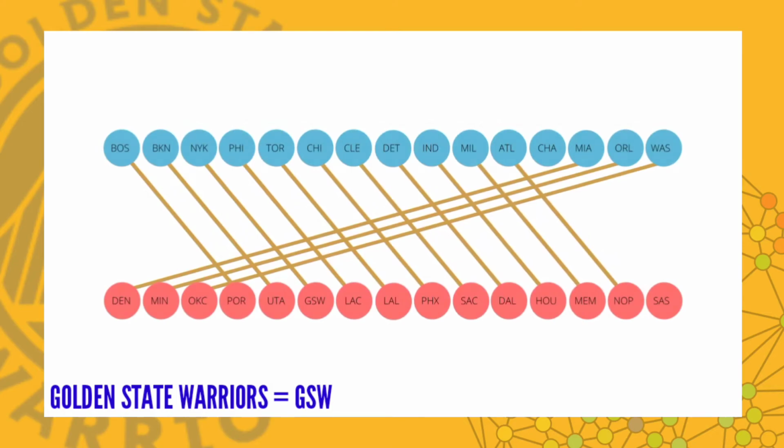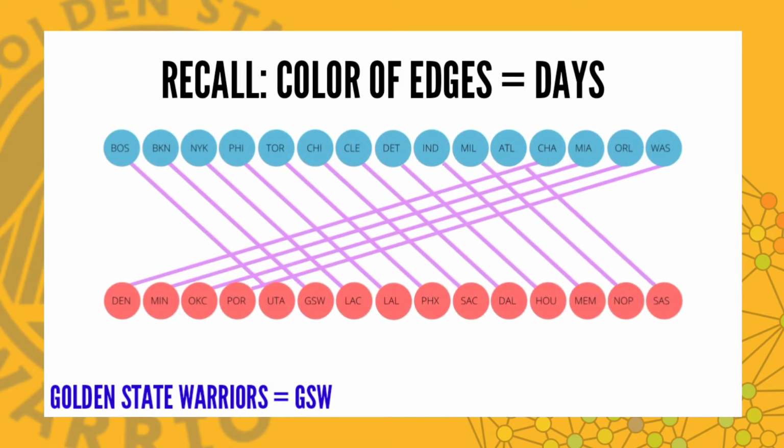As you can see, there are also different colors in the graph, just like with the division and conference games.